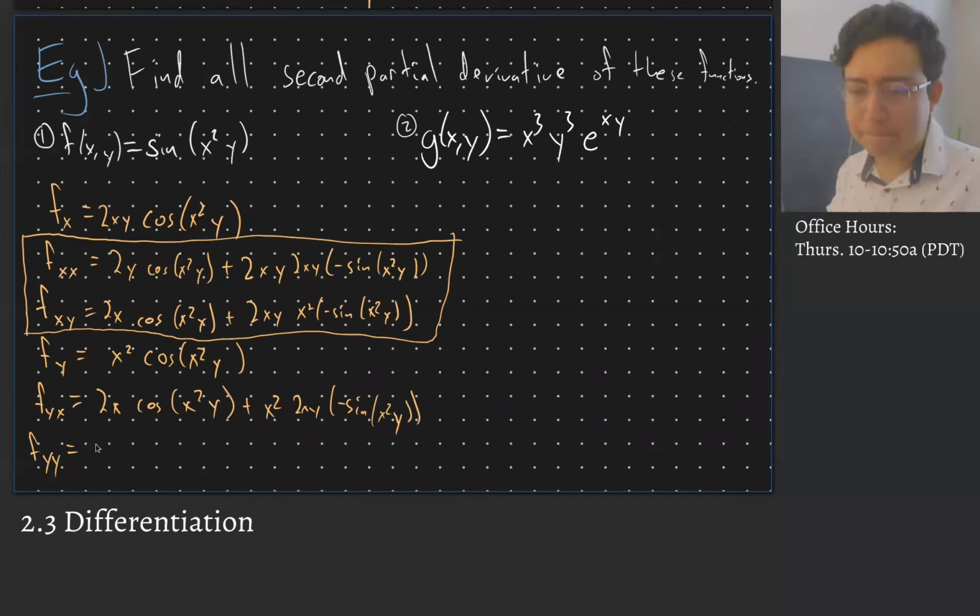So lastly, we have the derivative of this with respect to y, which is probably the easiest of the second derivatives because this is no longer a product of functions of y. Only this part is a function of y, and so we just get x squared times x squared times negative sine of x squared y.